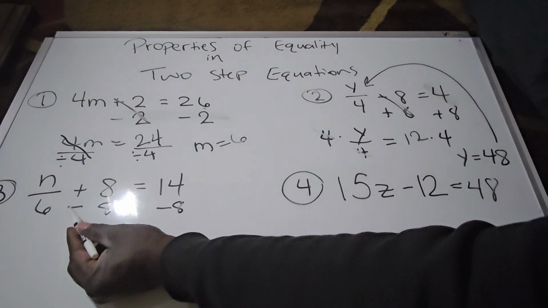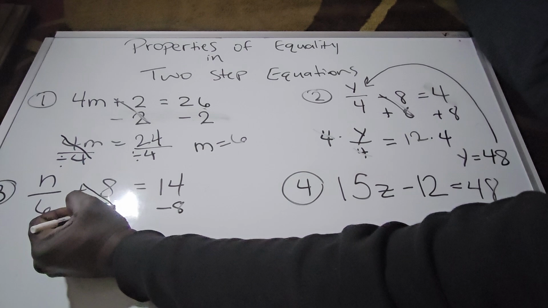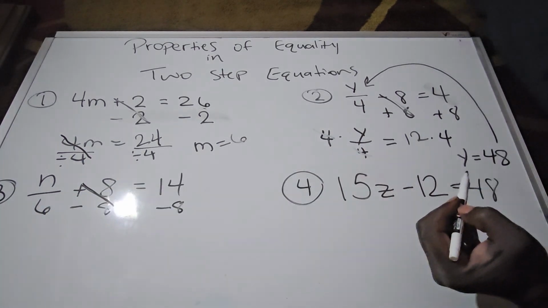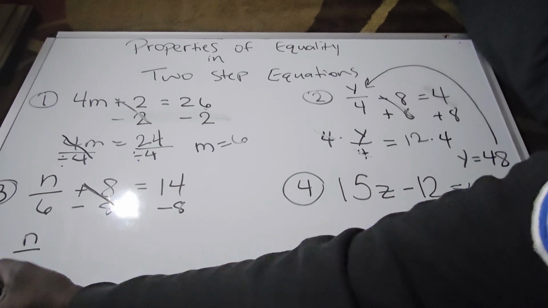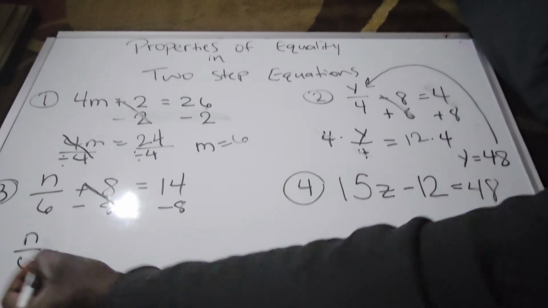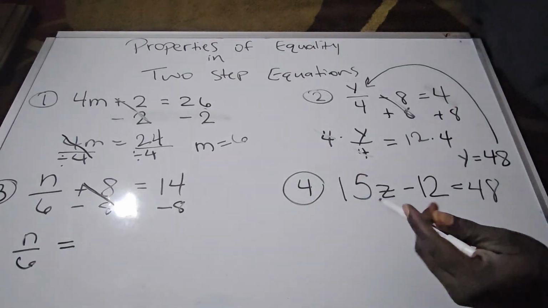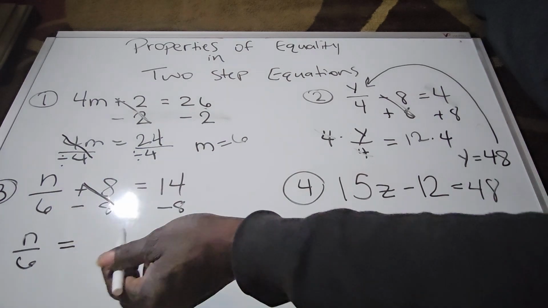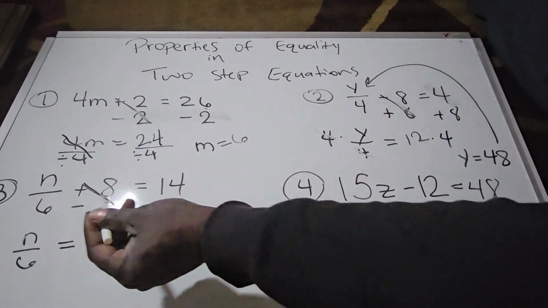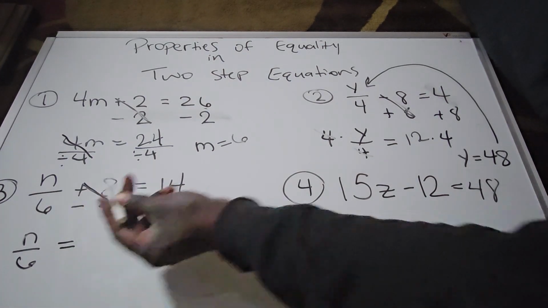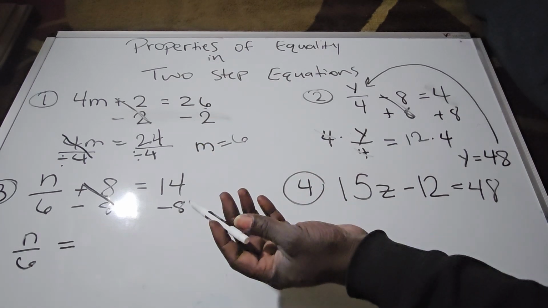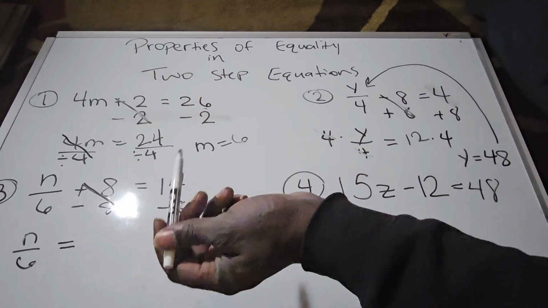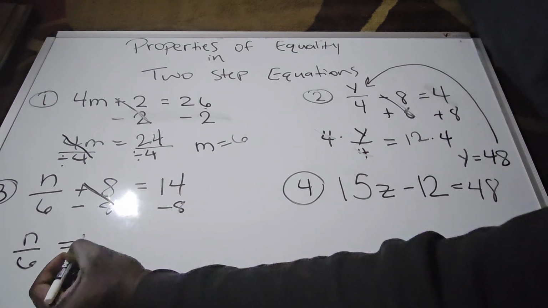Plus 8 minus 8, that cancels out. And now we have n over 6 by itself. Now, like I said before with the subtraction property of equality, since we subtracted 8 on this side, we have to subtract 8 on the other side to make the equation true. So now we have 14 minus 8, which is 6.